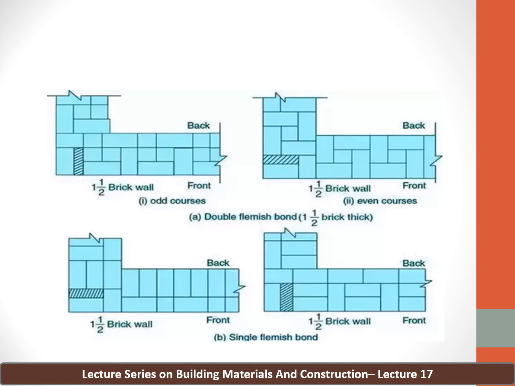This is the plan of 1.5 brick thick wall in the odd course as well as in the even course. Similarly, this is the 1.5 brick thick wall in the case of single Flemish bond for odd courses as well as the even courses.